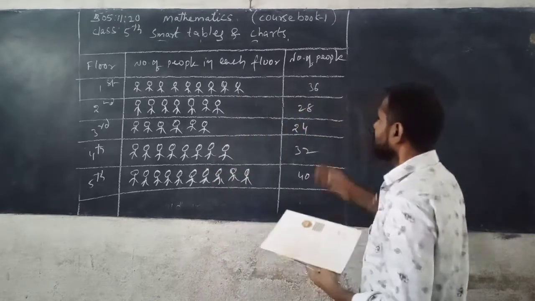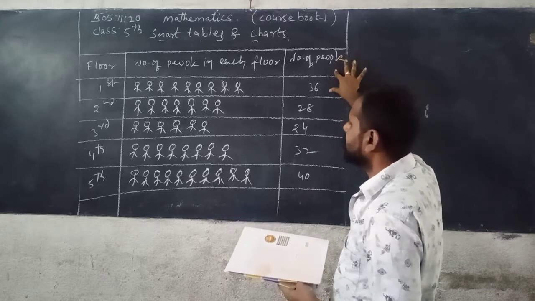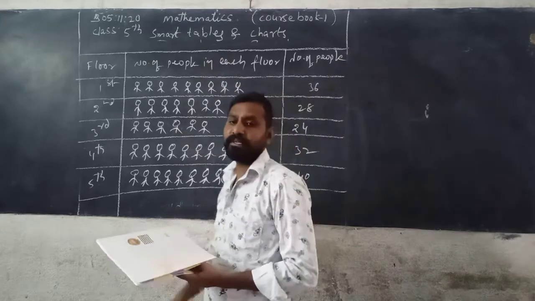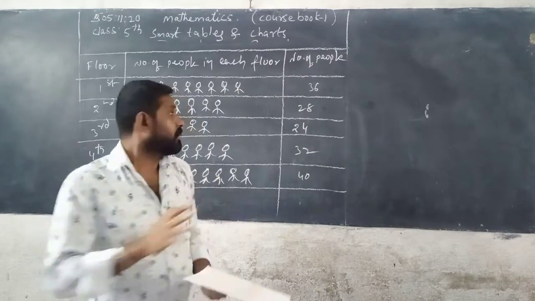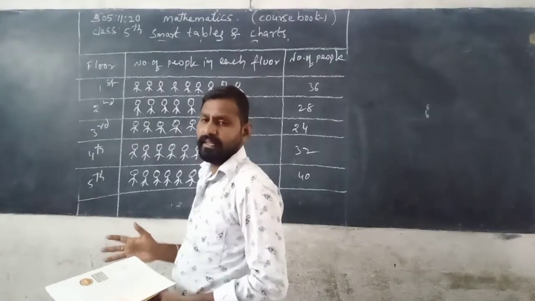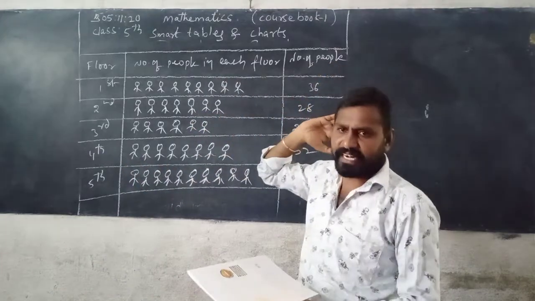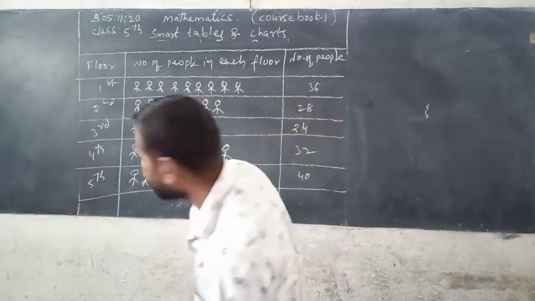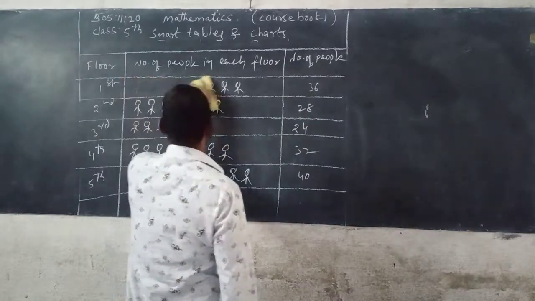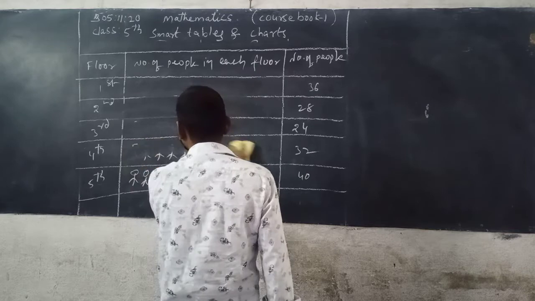So if the total number of persons is given, you can draw a pictograph. But if the pictograph is given, then you can find out the number of people. See here, this is the first floor, second floor, third floor.